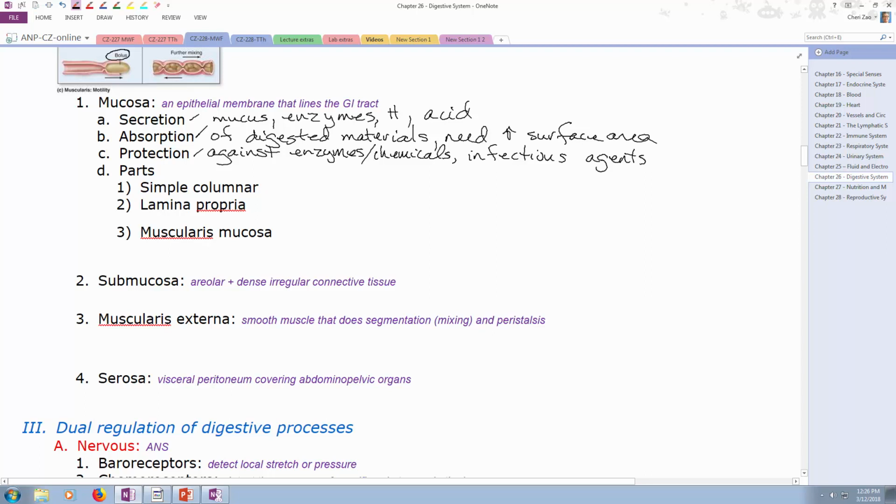Simple columnar with lots of goblets. Lamina propria, that's our loose CT, holding epithelium in place.